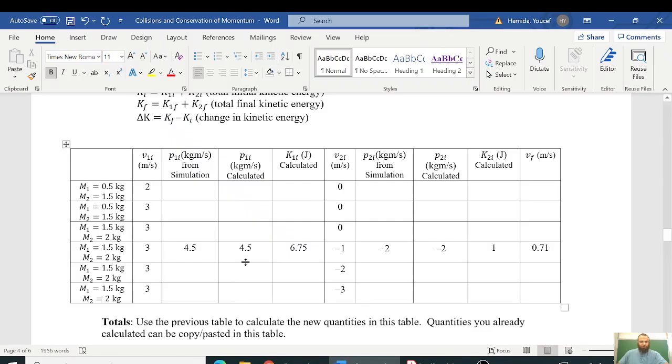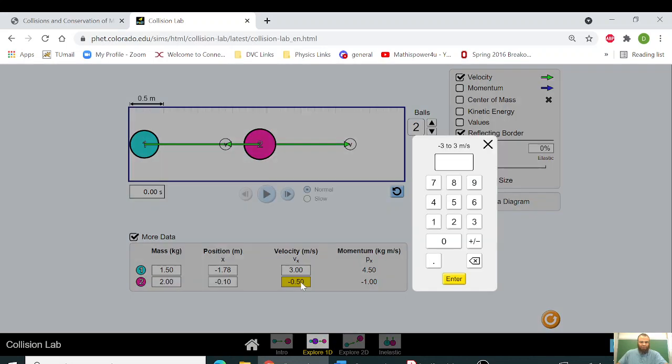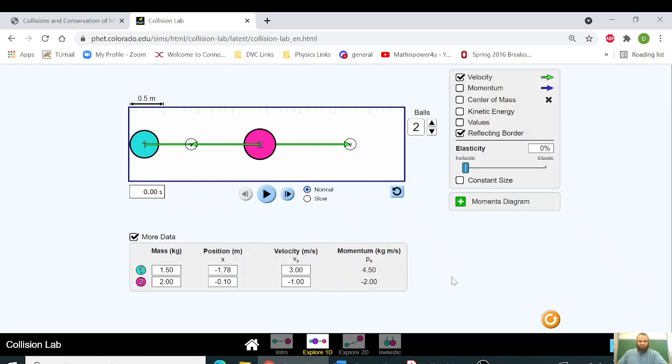And we're going to choose V2 initial to be -1. So -1 means M1 will be moving to the right initially at 3 meters per second, and M2 will be moving to the left because it's -1, and I'll put enter. So they will be moving towards each other and they will collide somewhere in the middle.